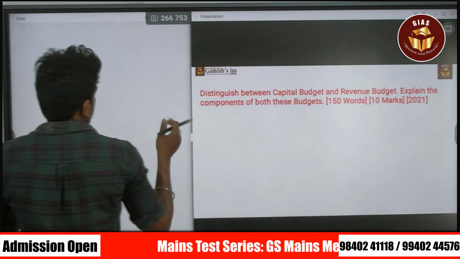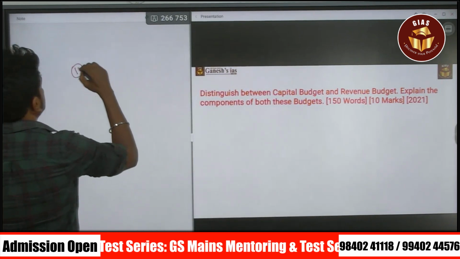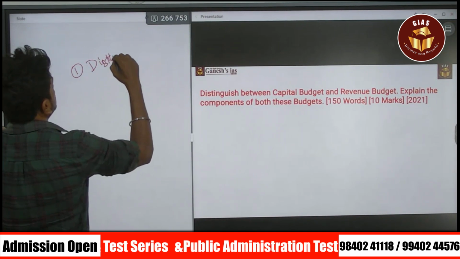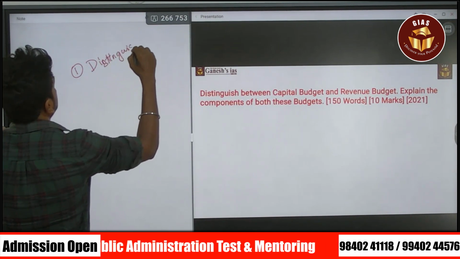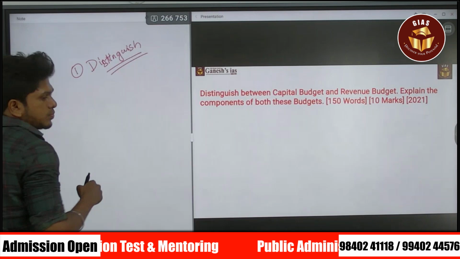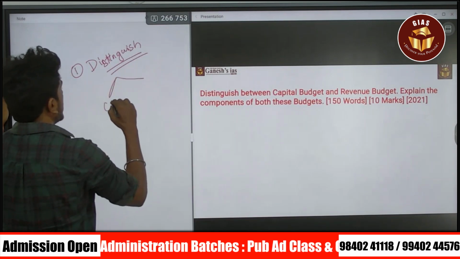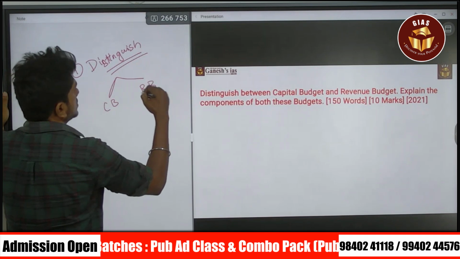So we will decode this question. First, it is about "distinguish". This is the first part of the question: distinguish between the capital budget and the revenue budget.